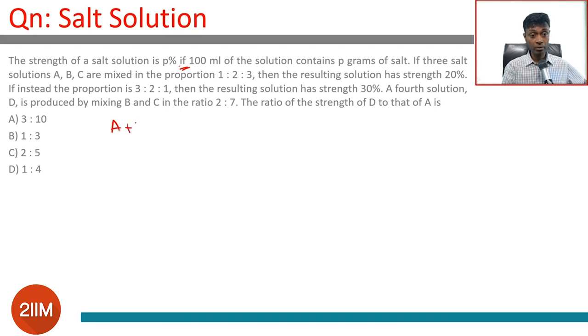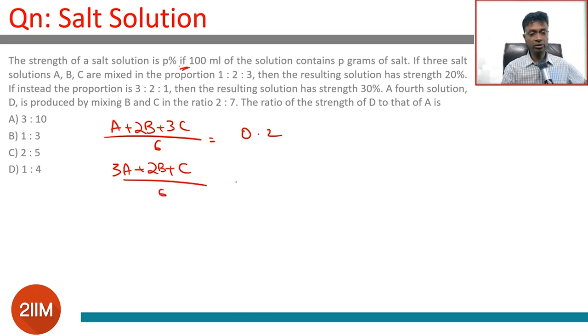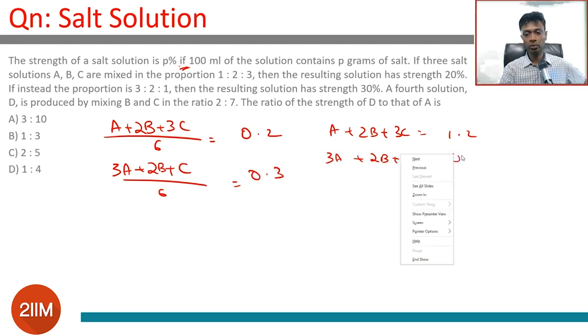So A plus 2B plus 3C by 6 is 0.2. 3A plus 2B plus C by 6 is equal to 0.3. Right. Or A plus 2B plus 3C is 1.2. 3A plus 2B plus C is equal to 1.8.